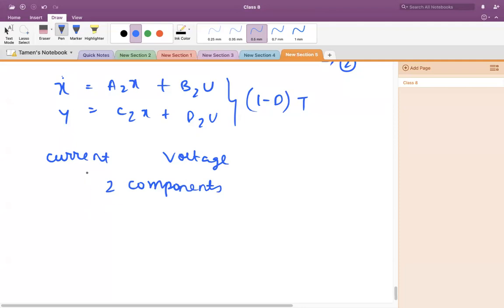The current we write as IL, and the voltage, suppose we write as V. This is called the large signal, which will have two parts. One is the steady state part and one is the variation, or the small signal part.